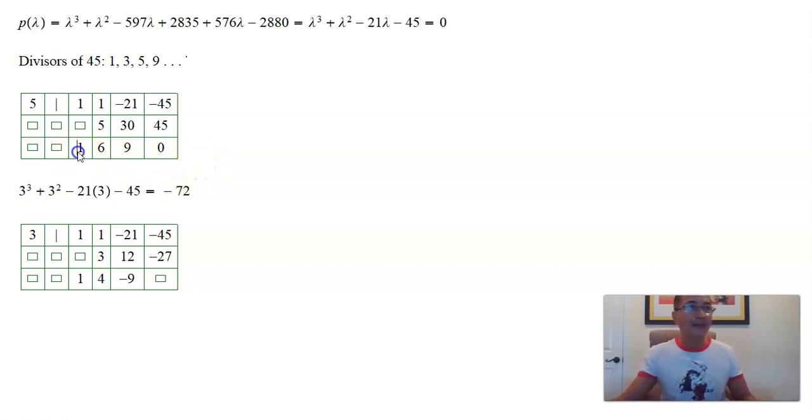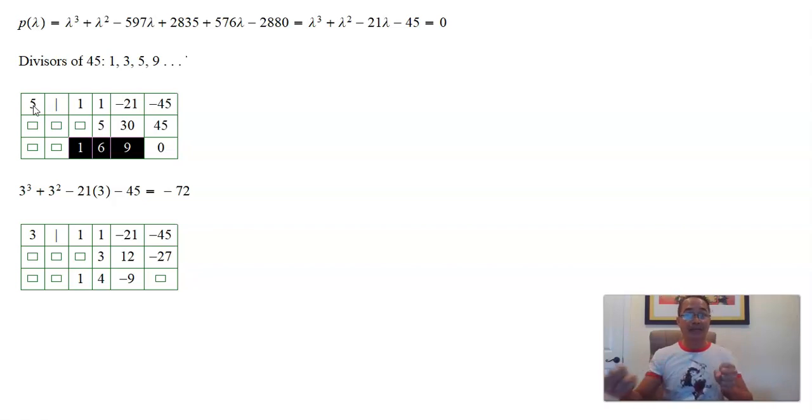As a bonus, these numbers here have a meaning. Those are the coefficients of lambda squared, lambda, and 1 after we factor out lambda minus 5. Okay, the root is 5.